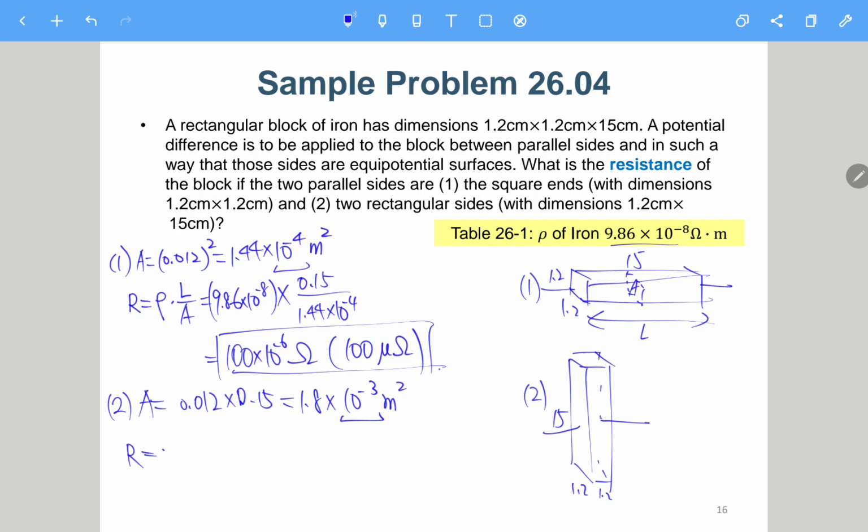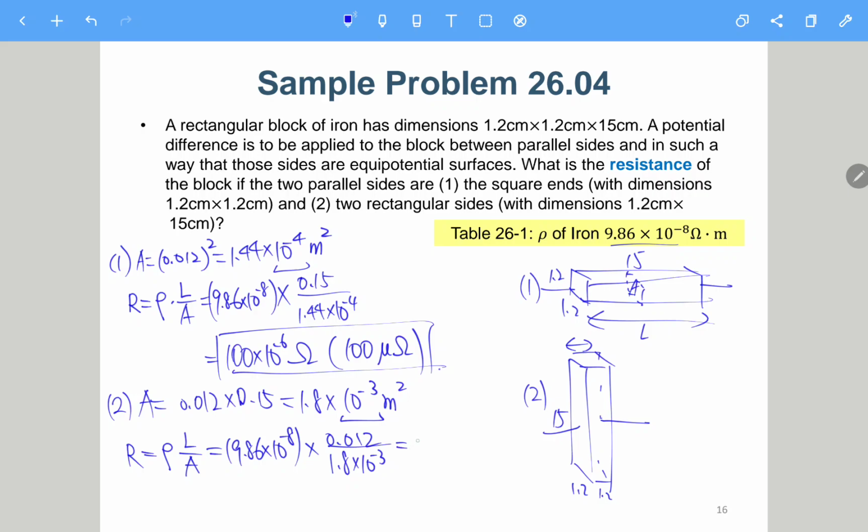So R will be rho times L over A. Rho is the same, 9.86 times 10 to the negative 8th power, times L, which is 0.012, over 1.8 times 10 to the negative 3rd power.